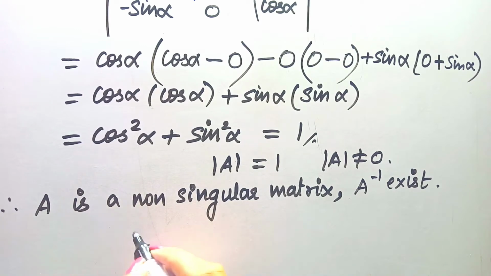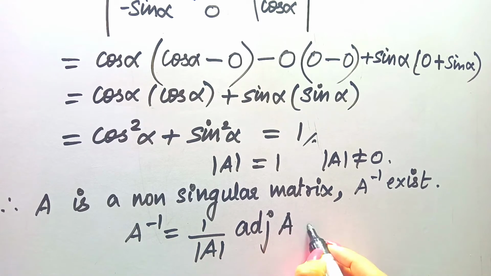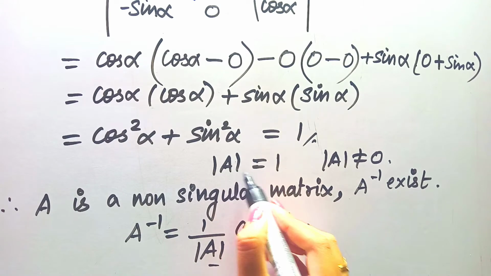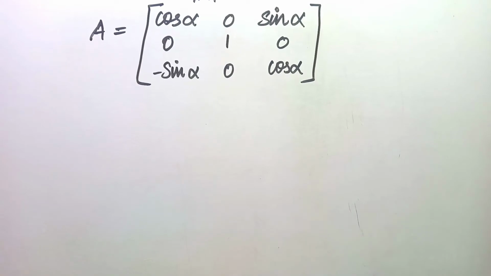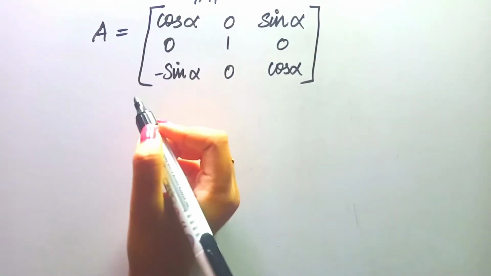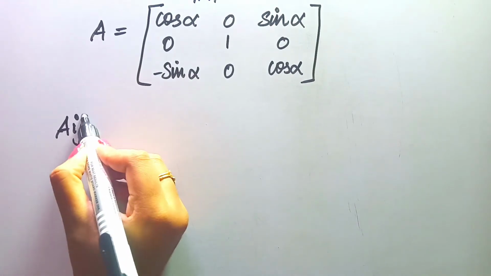Okay, so what is the formula of A inverse? A inverse is equal to 1 divided by determinant of A into adj A. We have already found our determinant of A, it is equal to 1. Now we have to find the adjoint of A. For finding the adjoint of A, first we have to find the cofactor of A, which will be denoted as Aij.